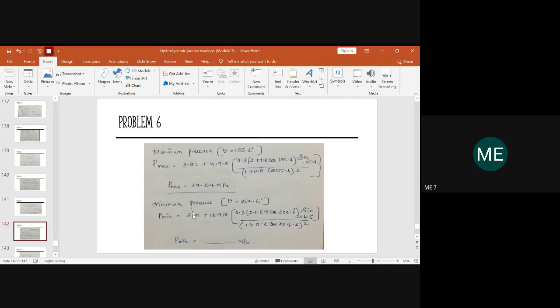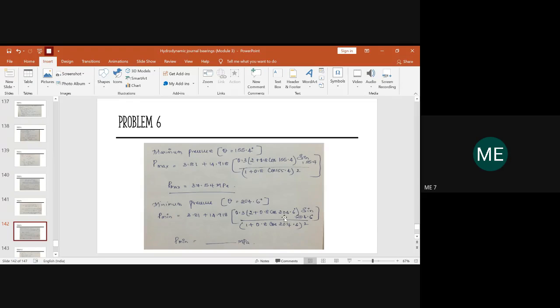Yes, ma'am. So if you get P max as 37.54, then the last part we have to determine is the minimum pressure. We have calculated theta minimum as 204.6 degree. For the same equation, the only thing is that in place of 155.4 we change it to 204.6 degree.